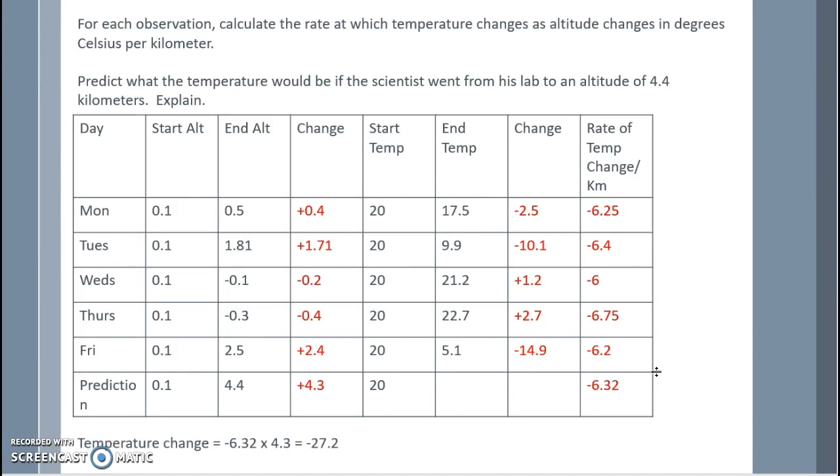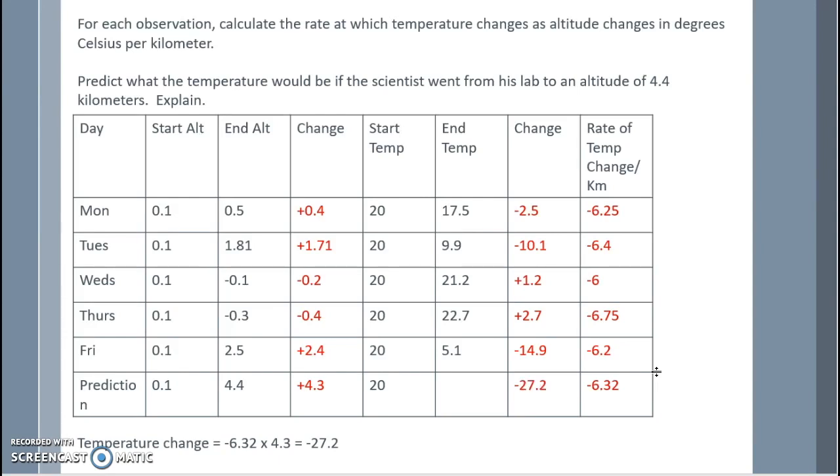We could figure out the temperature change by taking -6 32 hundredths, multiplying it by 4 3/10, so going the opposite of how we found them, so reversing the rules. So for an end change of -27 2/10.